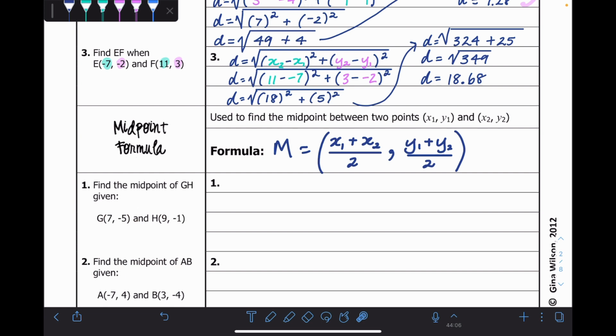There's a couple ways you can do it. I like to use highlighters. You guys have probably noticed up here, I like to color code and say, okay, this is my x, so I'm going to put my x here, and this is my x, I'm going to put my x there.